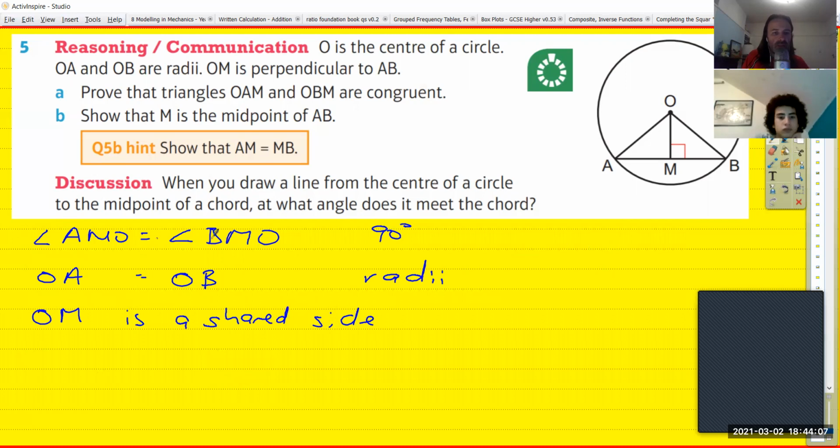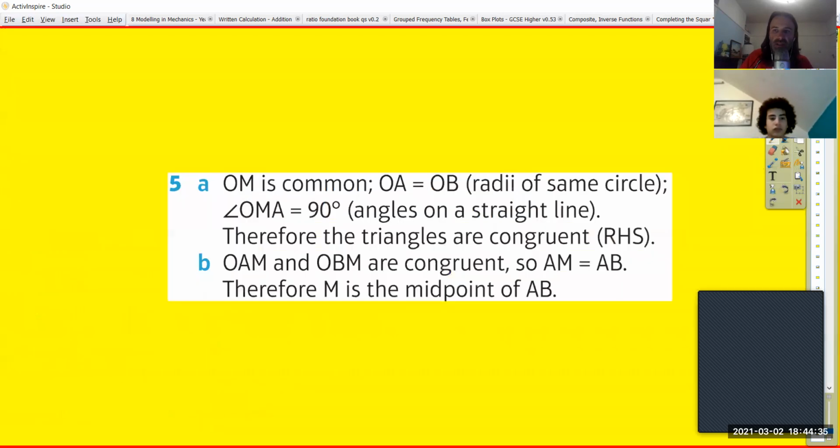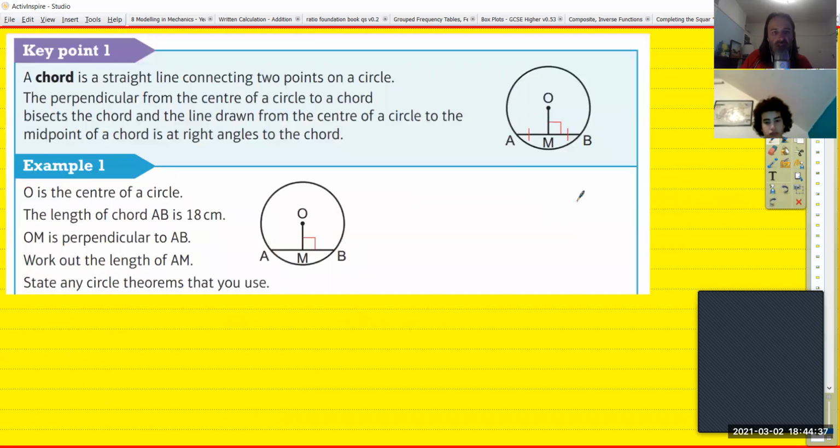We have a right angle, we have a hypotenuse, and we have a side. Therefore, these are congruent. And so you might have seen some like this, like side, side, side, or right angle, hypotenuse, side, and that shows that these two are basically identical to each other. What does congruent mean? Identical. Same size, same shape. So similar means it's an enlargement. Congruent means it's exactly the same size, everything.